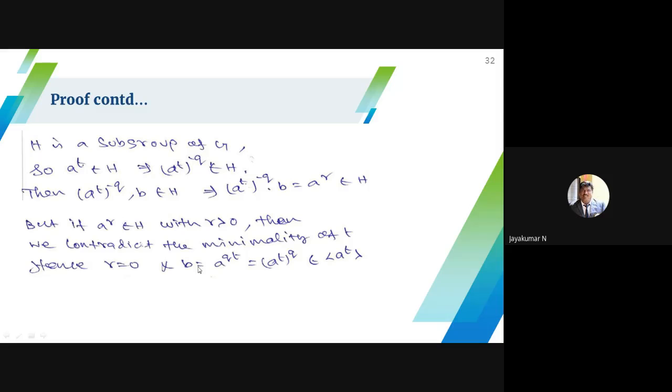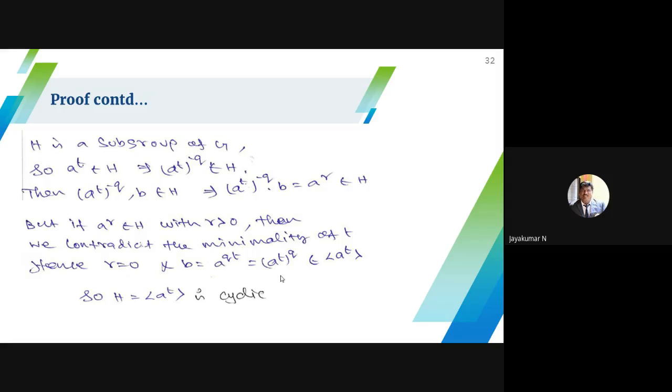Finally I got b is equal to a^(qt) plus 0, which is equal to a^(qt). I can read it as (a^t) whole power q. I randomly chose the element b in H. Finally, I showed that the element is generated by a^t. This is the conclusion that H is cyclic.